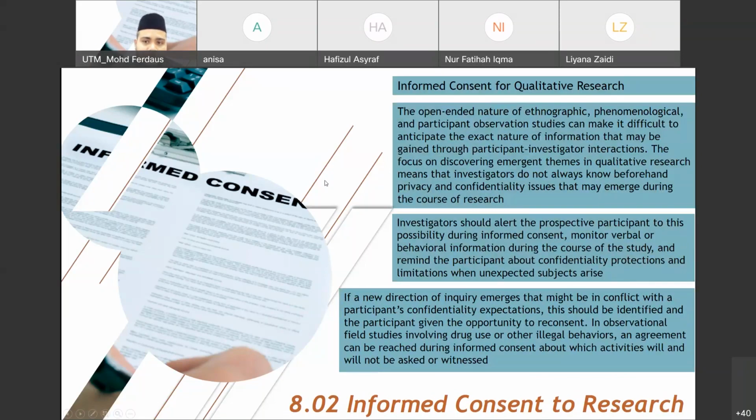Okay, so next is informed consent for qualitative research. Why does qualitative research have specific requirements? Because some qualitative methods require different perspectives.